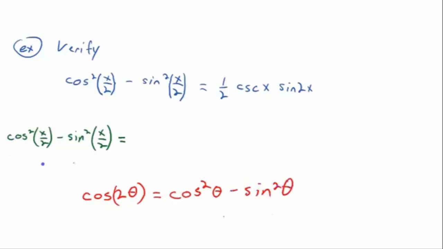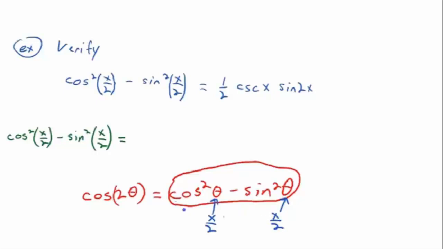So what I'm starting with here in green looks like this, except what's acting like theta is x over 2. So to write this left-hand side as the cosine of 2 theta, I have to replace theta with x over 2.